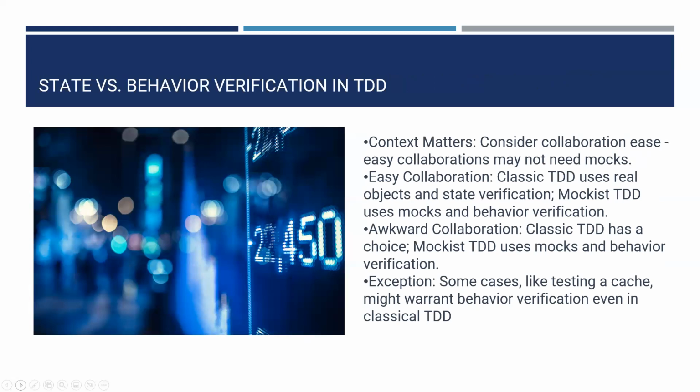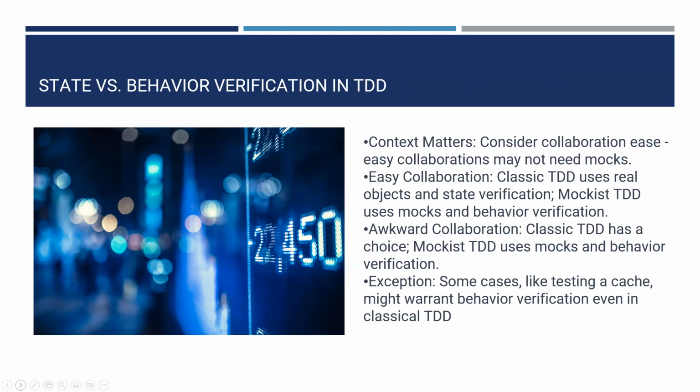So now we have to work on choosing between state and behavior verification. It's a deeper dive into the decision-making process of TDD. The choice between state and behavior verification depends on a whole ton of factors. We can discuss that easy collaborations might not necessitate mocks.